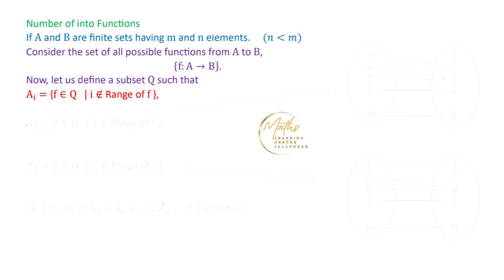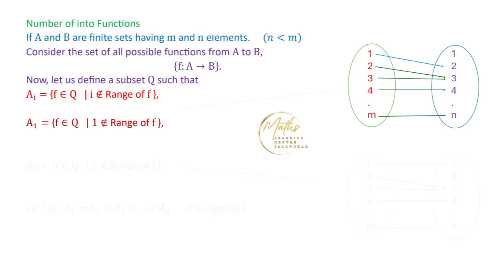To understand what we mean, let us consider an element, suppose A1. Any function that belongs to the subset Q, if 1 is not in the range of f, means we are considering all those functions for which 1 is not in the range of f.